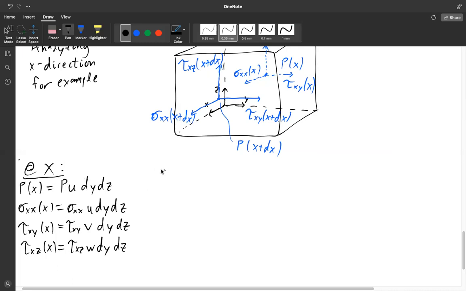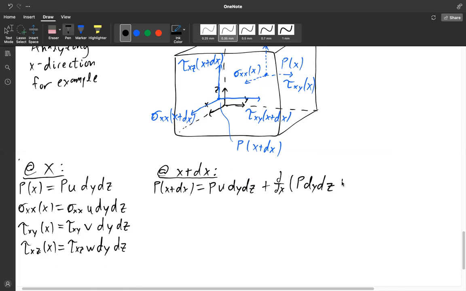So now we want to take a look at x plus dx. We have p at x plus dx, which equals p times u dy dz plus partial x of p u dy dz times dx.